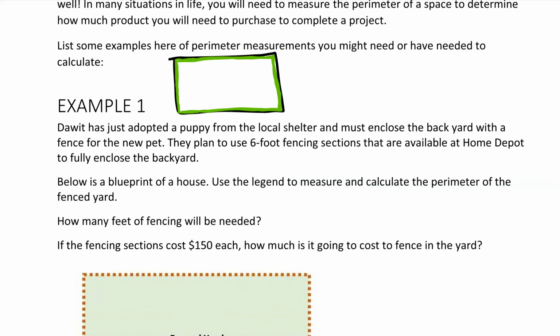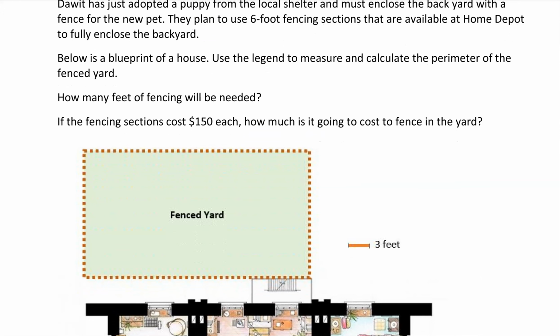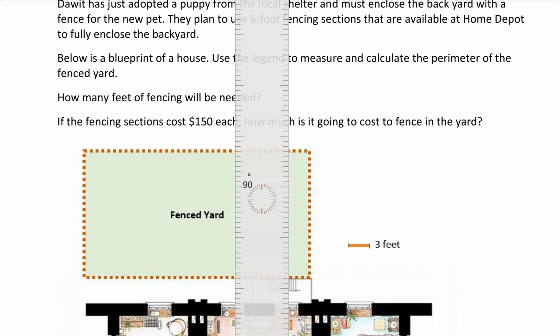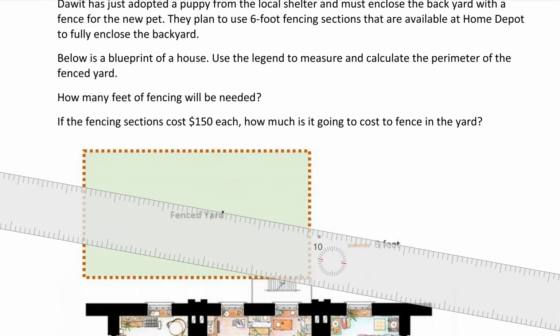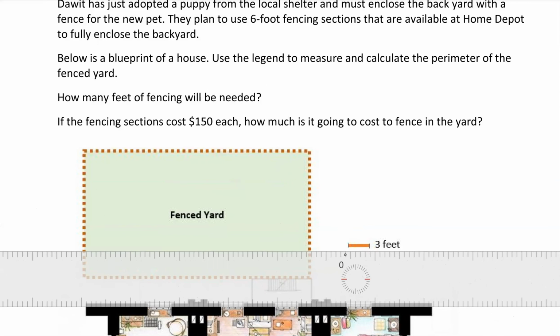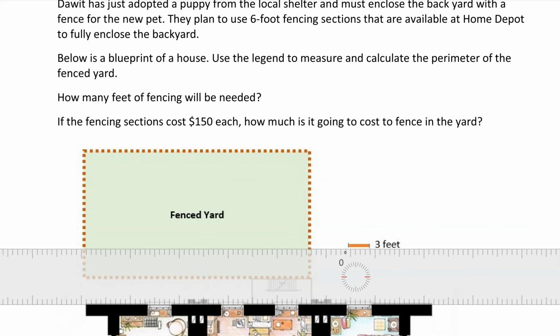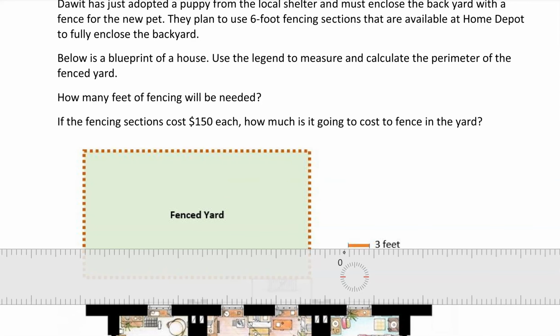All right, so let's go ahead and look at this. We are only concerned with the backyard, so the blueprint for the rest of the house is not super important. So I'm going to take this ruler and measure. With the way that I have it right now, the length of this orange strip is about 0.8 centimeters.